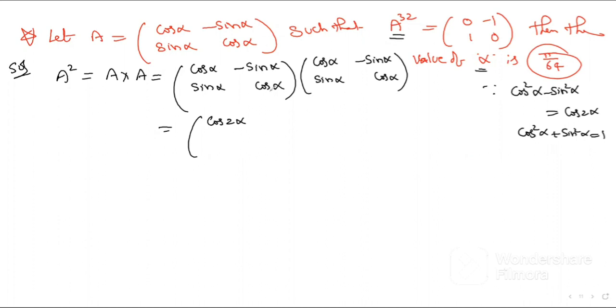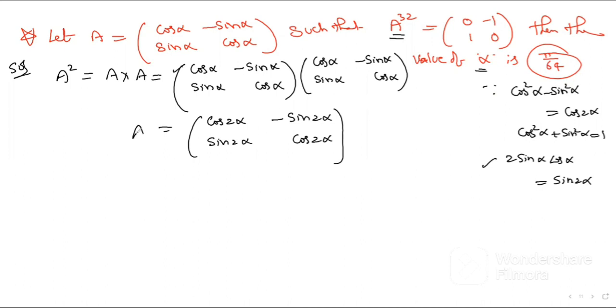So first row multiplied with first column is cos 2 alpha, and first row multiplied with the second column is minus cos alpha sin alpha minus sin alpha cos alpha, which is minus sin 2 alpha. Okay, 2 sin alpha cos alpha we get the formula sin 2 alpha. Next, second row multiplied with first column is sin alpha cos alpha plus cos alpha sin alpha, 2 cos alpha sin alpha, which is nothing but sin 2 alpha. Next one is minus sin square alpha plus cos square alpha, which is cos 2 alpha. So the A square value is [cos 2 alpha, -sin 2 alpha; sin 2 alpha, cos 2 alpha].